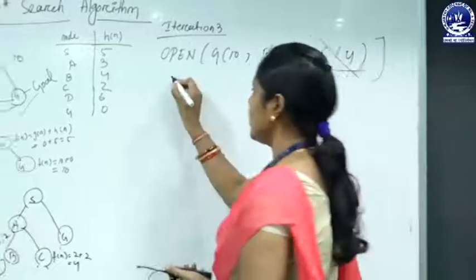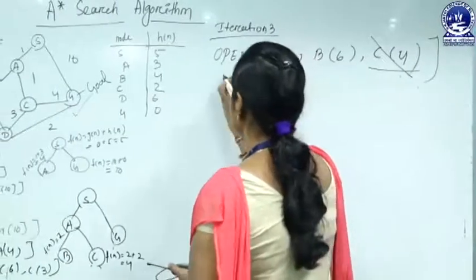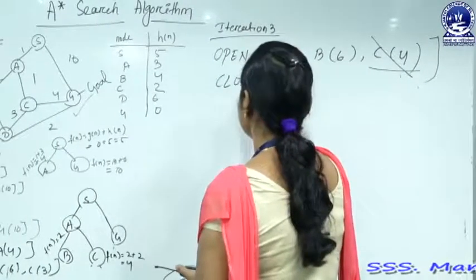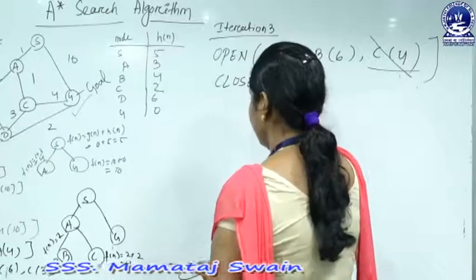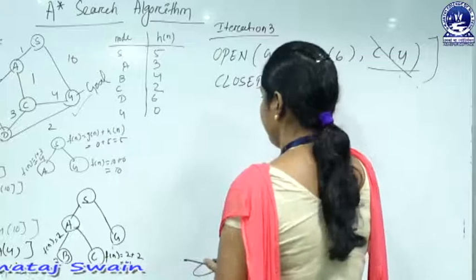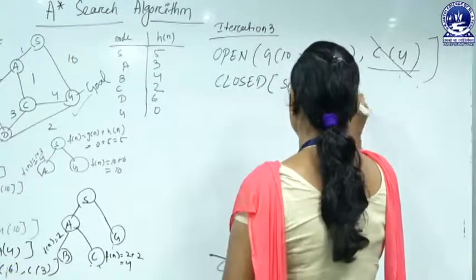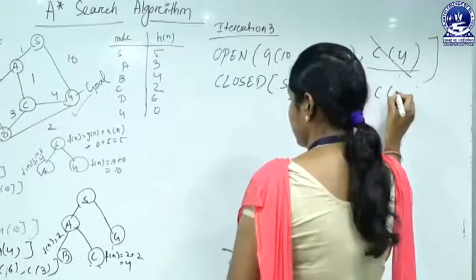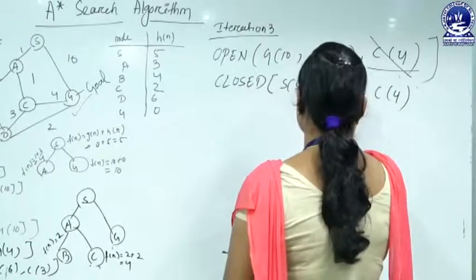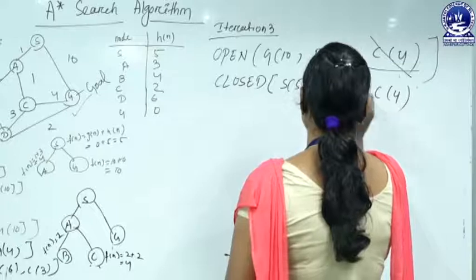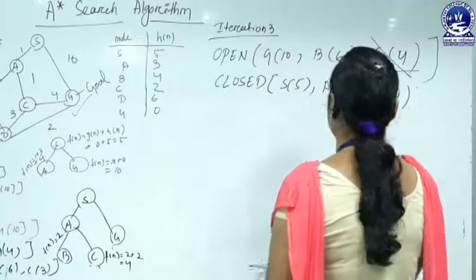Now our closed list contains these nodes: S5, A7, then next C4.